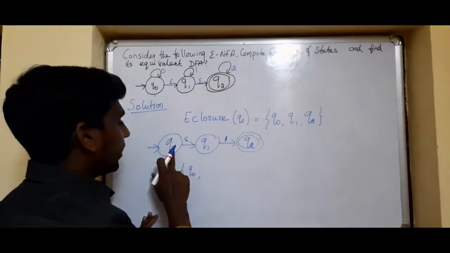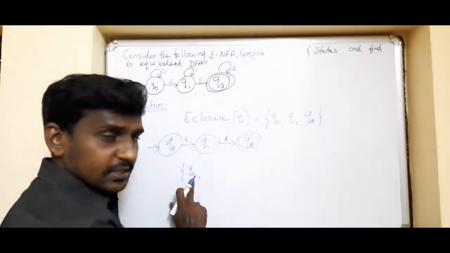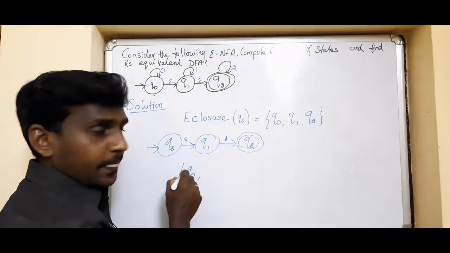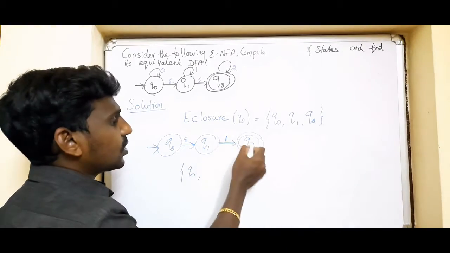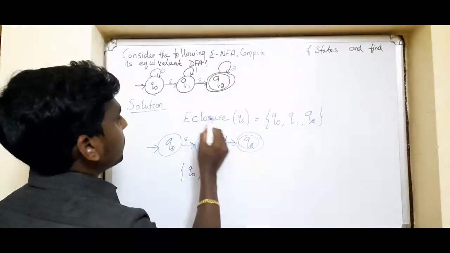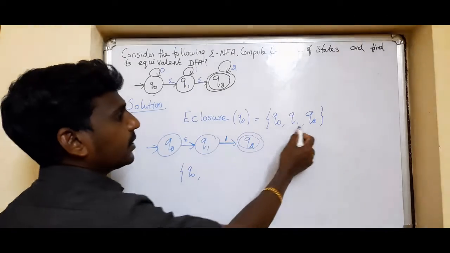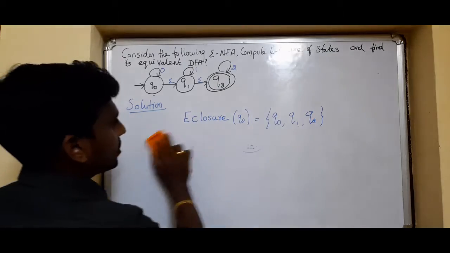So I am finding E-closure of Q0, I write Q0 first, then check where epsilon moves go from Q0. The epsilon moves go to Q1, and from there epsilon goes to Q2, so I write Q1, Q2. This is the way to find E-closure.